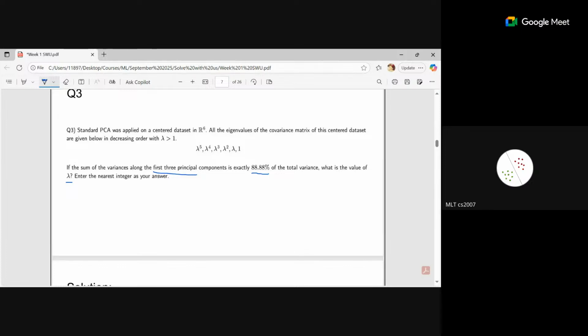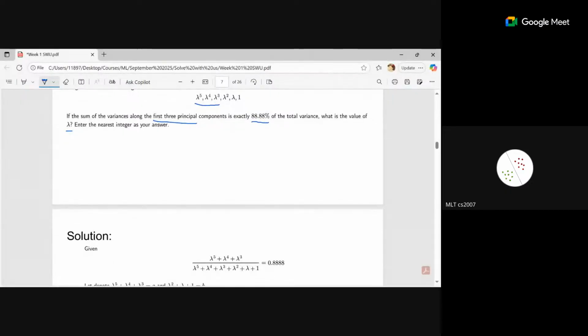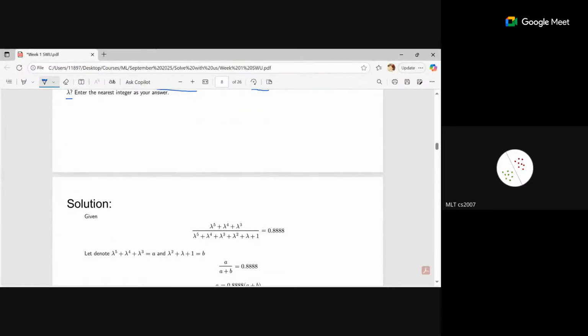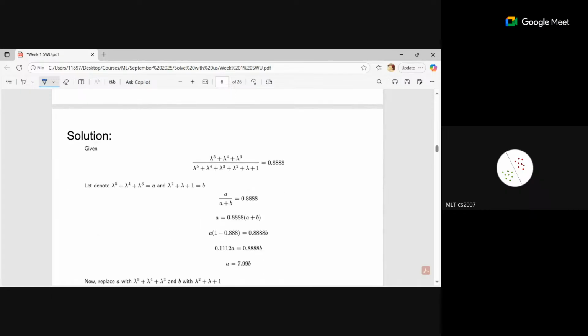So the variance of the first three principal components would be lambda 5, lambda 4, lambda 3, divided by the sum of all these eigenvalues, which is the total variance. So lambda to the power 5 plus lambda to the power 4 plus lambda to the power 3, divided by the whole thing, is basically 0.8888. This is the information that is known to us.